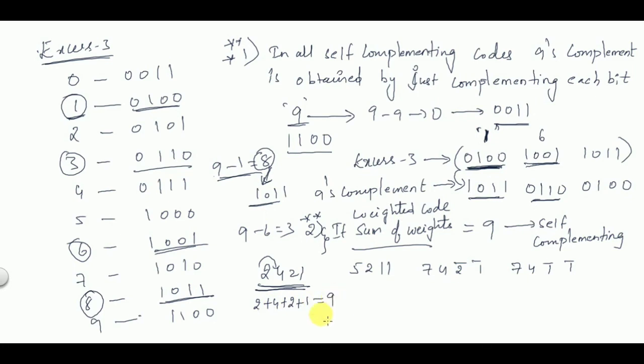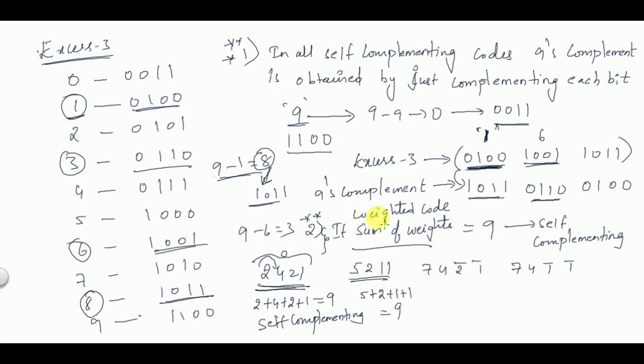So the sum of the weights is equal to 9, and therefore 2421 is a self-complementing code. Similarly, 5211 gives 5 plus 2 plus 1 plus 1, which is 9, so it is also a self-complementing code.